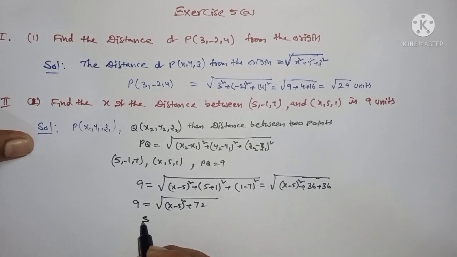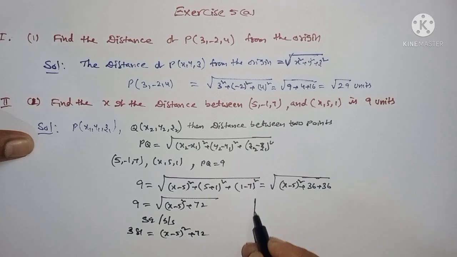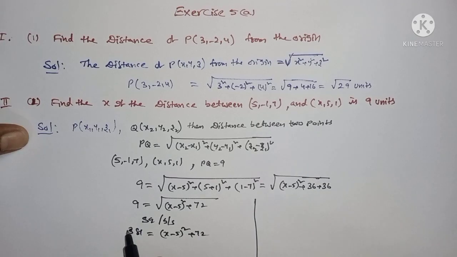Okay, squaring both sides, what happens, that is 81 is equal to x minus 5 whole square plus 72. 9 square is 81.